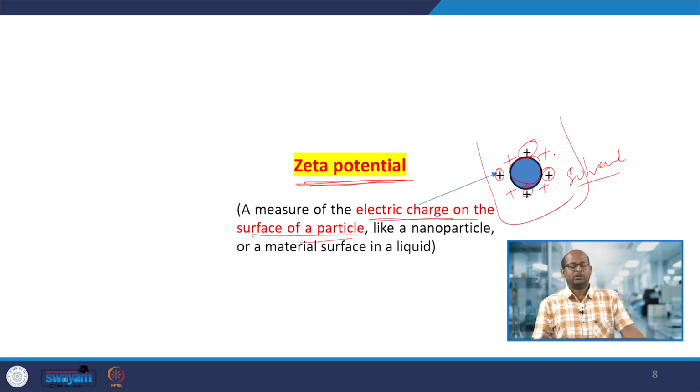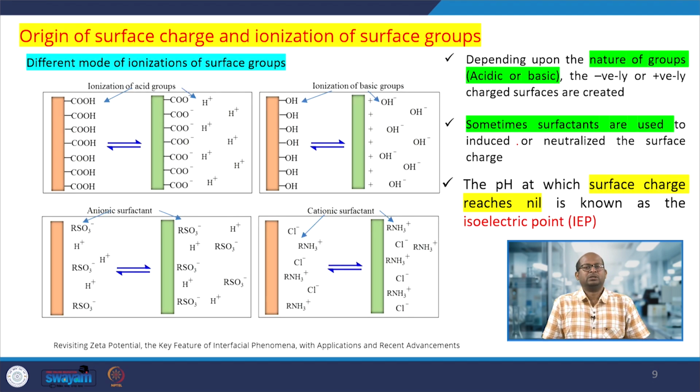The surrounding charge can also be changed by different factors, maybe the addition of acid, base, or any polymeric solvents or surfactants. By that way we can change the surface electric charges developed on that particular material.